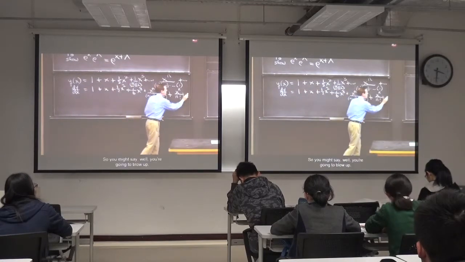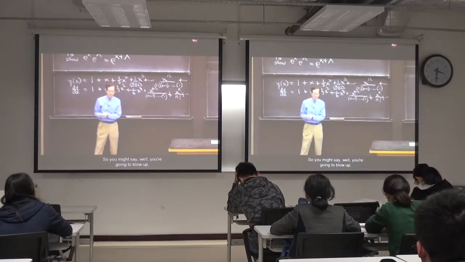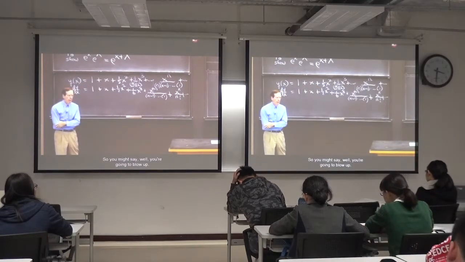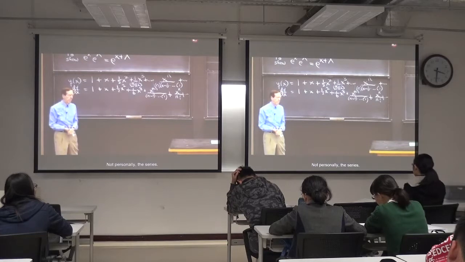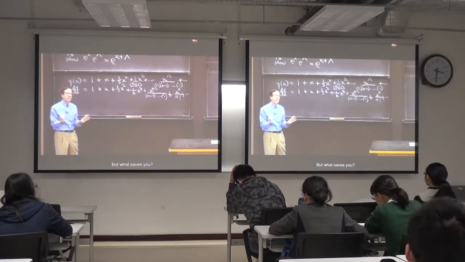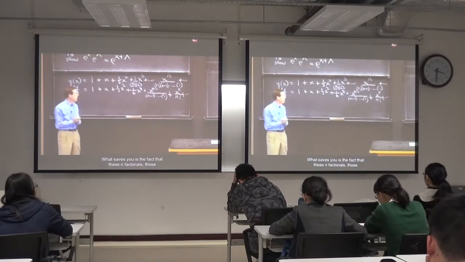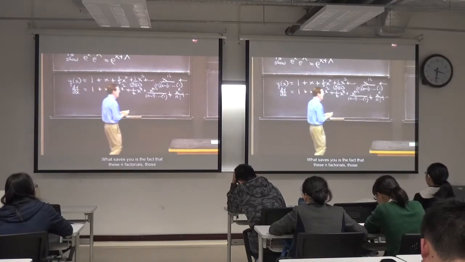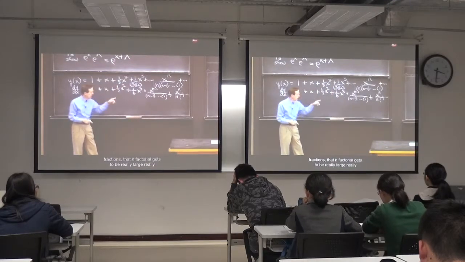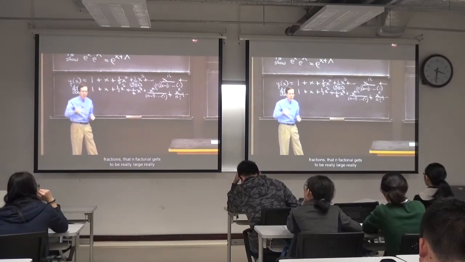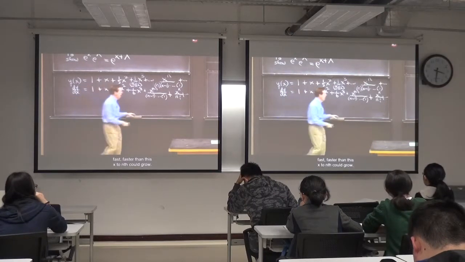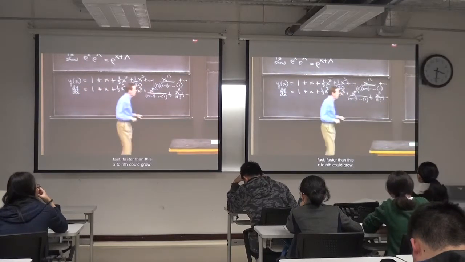Okay, so you might say, well, you're going to blow up. Not personally, the series. But what saves you is the fact that these n factorials, those fractions, that n factorial gets to be really large, really fast. Faster than this x to the nth could grow.